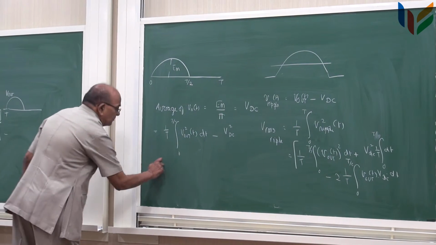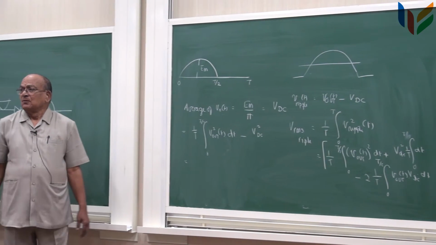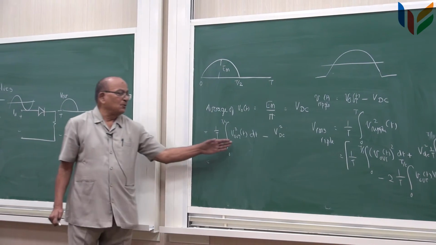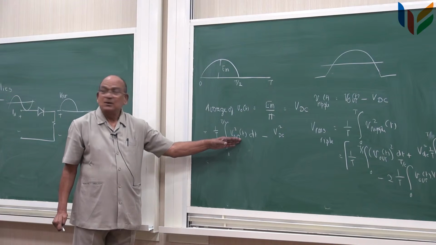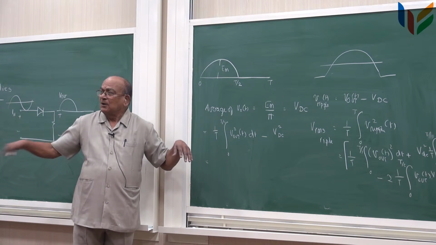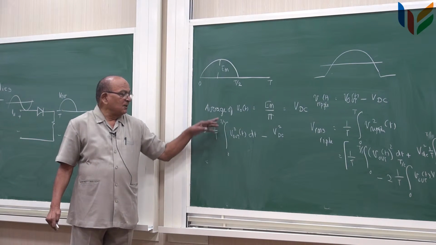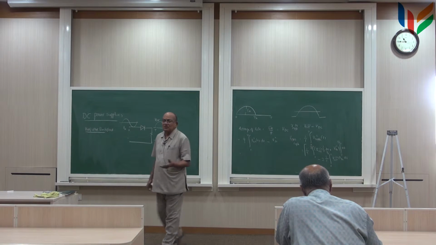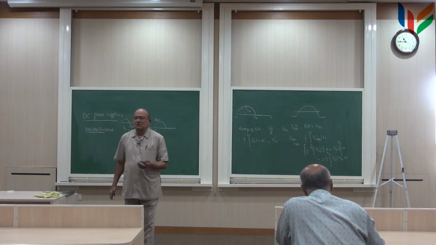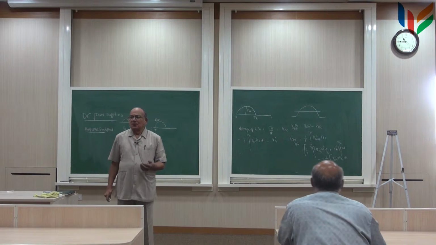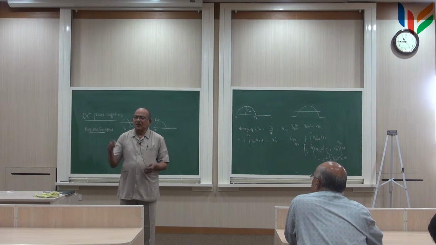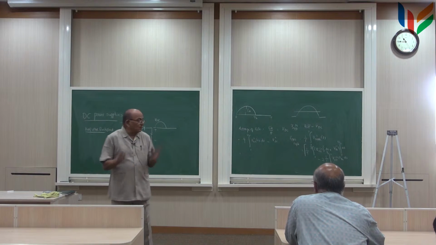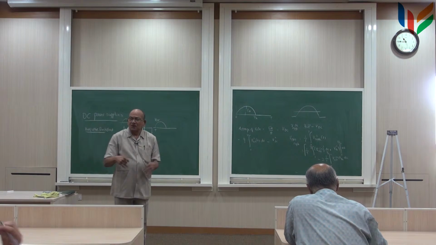Now, how much is this equal to? Without much calculation, you should be able to say this is nothing. V out is a half sine wave, and this is integrated over the half period. For the full wave, you know RMS square is equal to Vmax square by 2, and since only half is now there, it becomes another half.